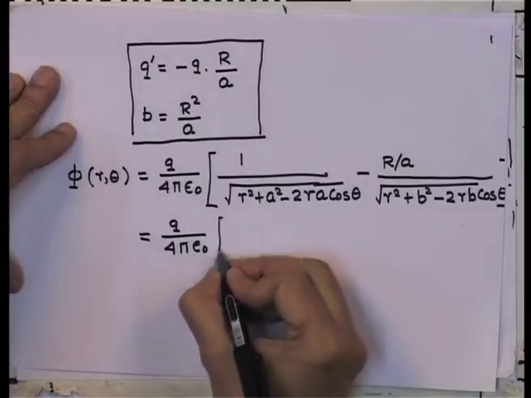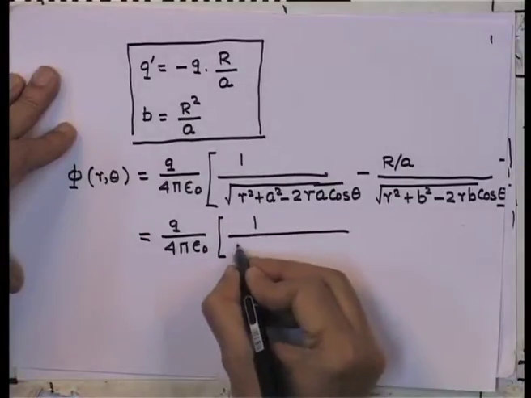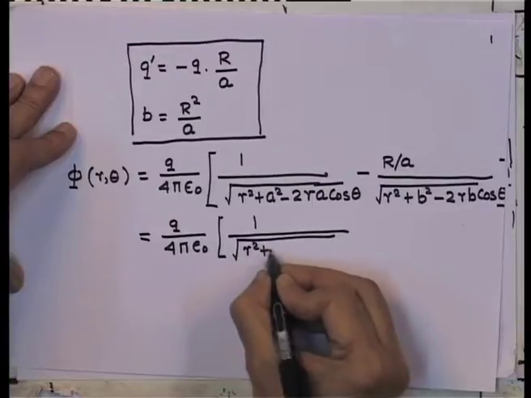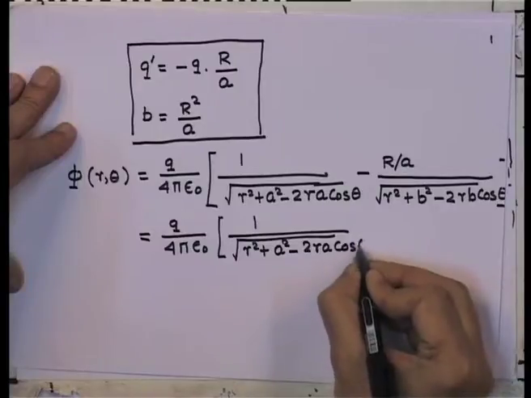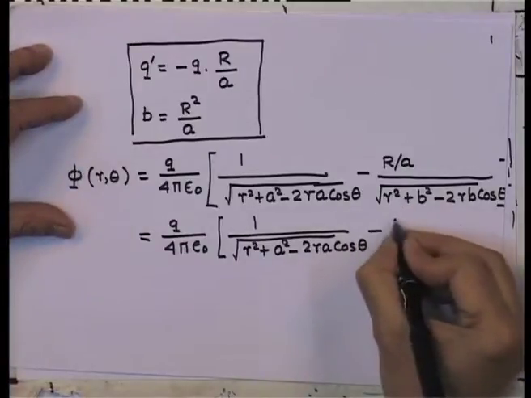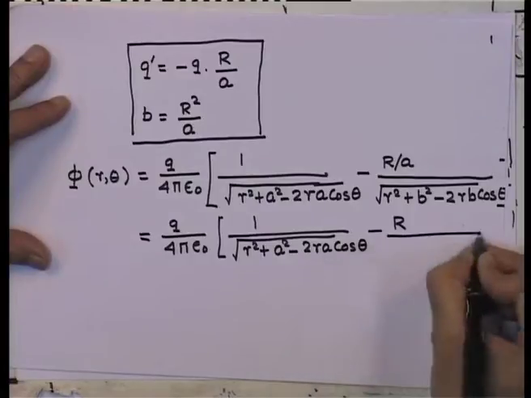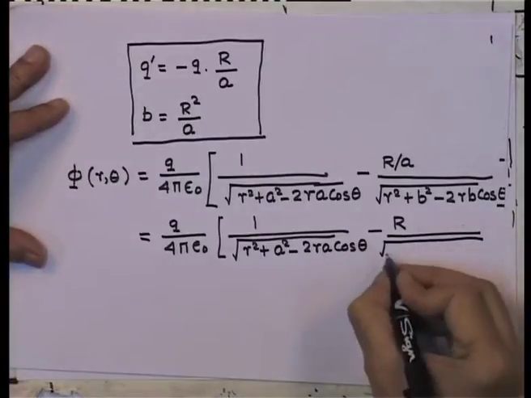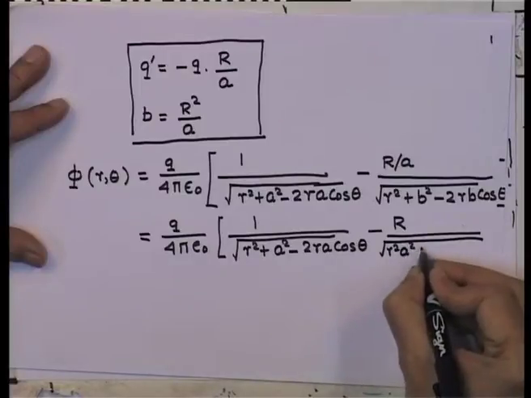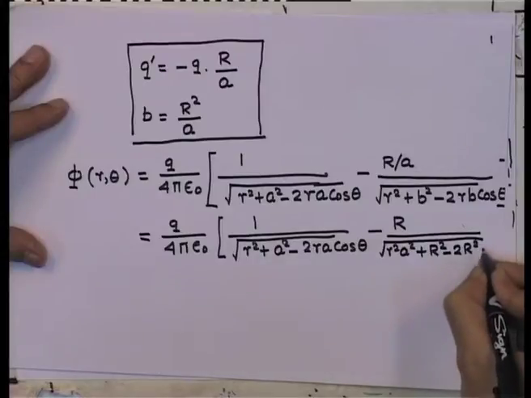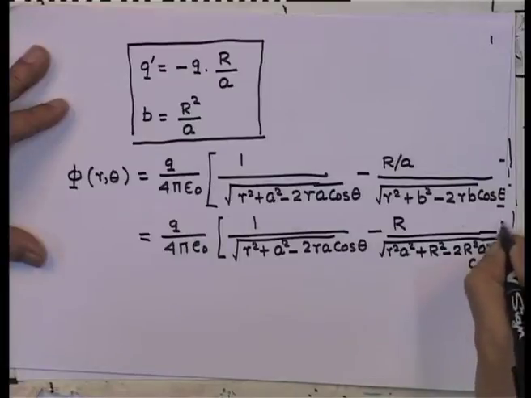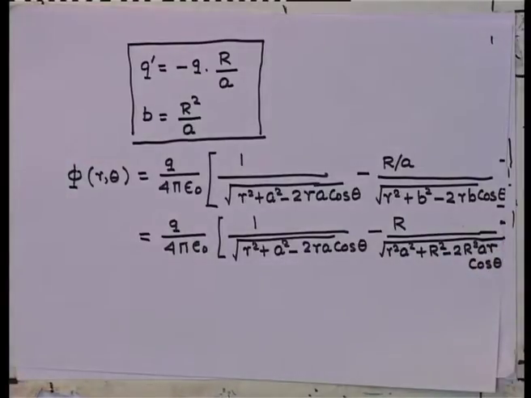The first term I have the same because I am not changing it, 1 over the square root of r square plus a square minus 2 r a cos theta, minus R divided by the square root of r square a square plus R to the fourth minus 2 r R square a cos theta. This is simple; we simply use the fact that b is equal to R square by a in this expression.